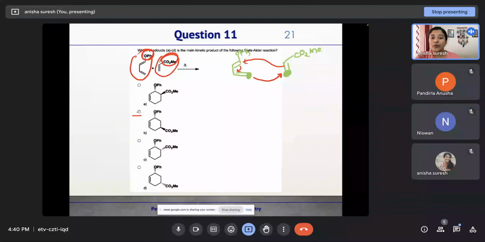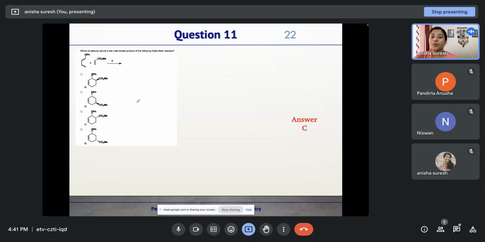So we can rule out these two options, option C and D. And out of these two, A and C, the right option will be C because the CO2Me will be following the endo rule and it will be coming below the plane. Because of that, the right option will be option C.